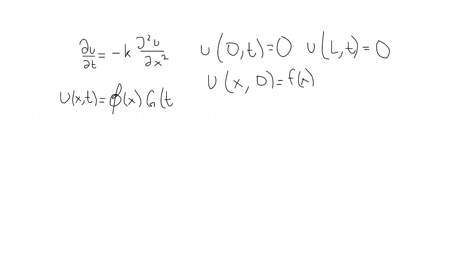What this then tells us is that we can rewrite this equation, rather than as a partial differential equation, as an ordinary differential equation. So this becomes phi of x times the ordinary first order derivative of g with respect to time.